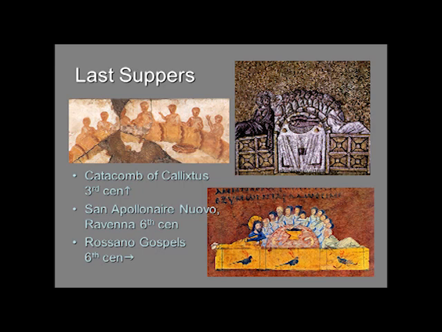For example, the semicircular table is very similar to the scenes of the banqueting in catacomb paintings. And also in the 6th century Rossano Gospels, so approximately at the same time as Sant Apollinare Nuovo, we see a Last Supper with Christ and 12 apostles.